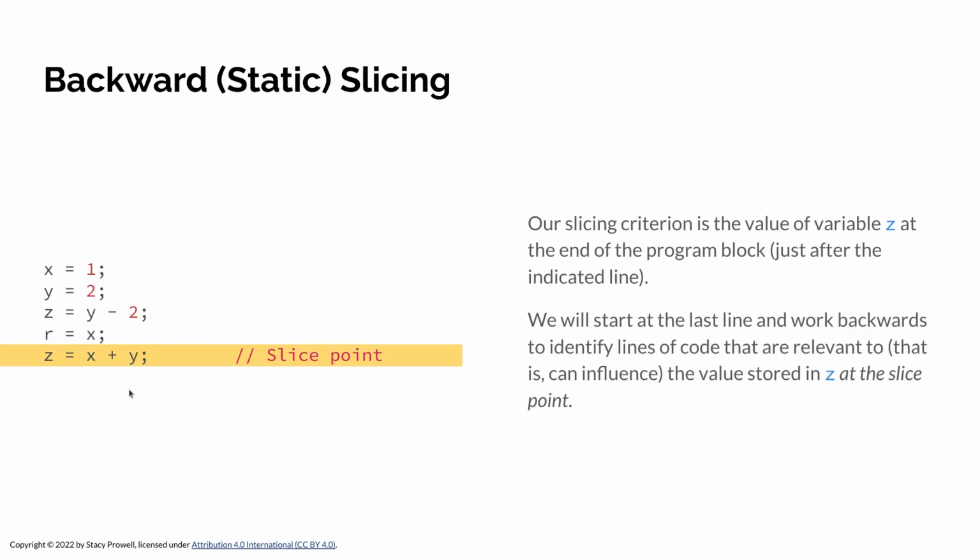A little program over here, and our slicing criteria is the value of variable z at the end of the entire program. So what is z right after the last line executes? We want to figure that out. So we're going to work backward to identify lines of code that are relevant, that is, that can influence what the value is for z at the slice point.